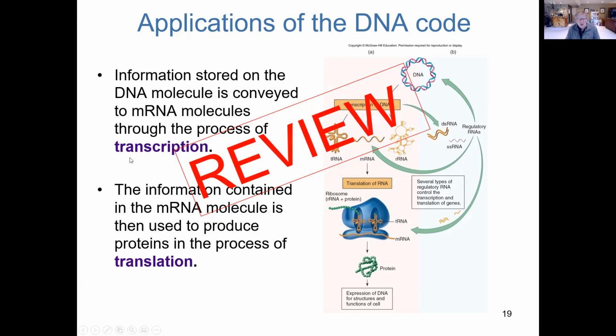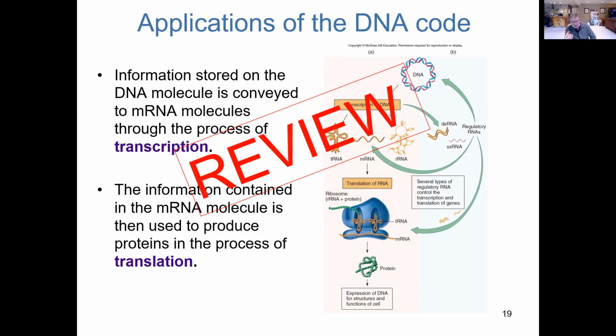I do want you to know what transcription and translation refer to. And you're going to see these 2 processes at work right now. Just remember for now, transcription is where the DNA is utilized to produce messenger RNA.